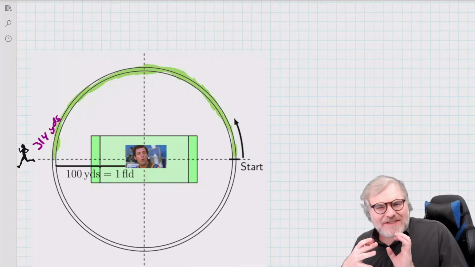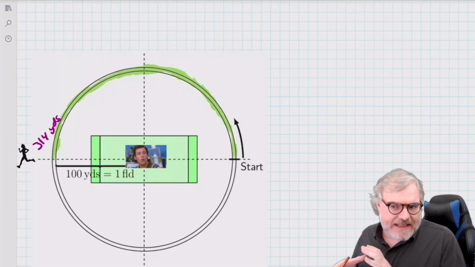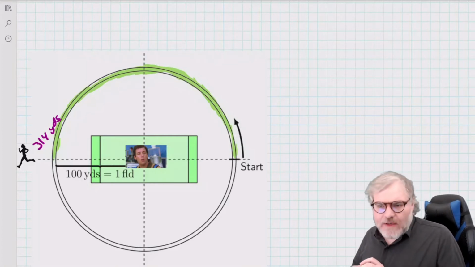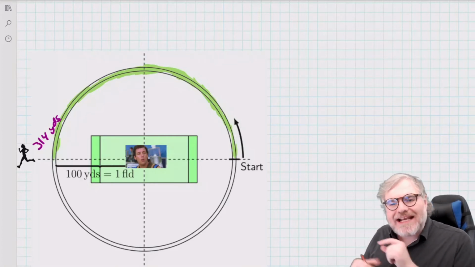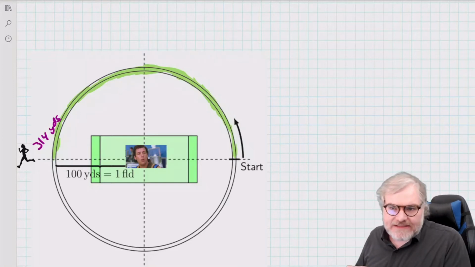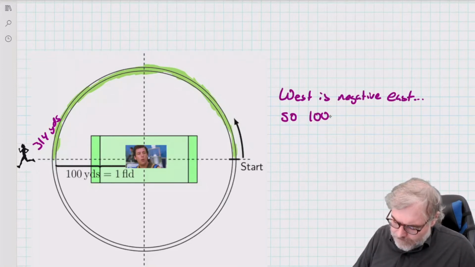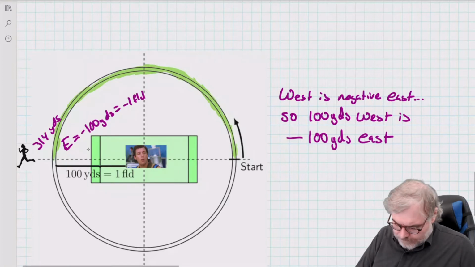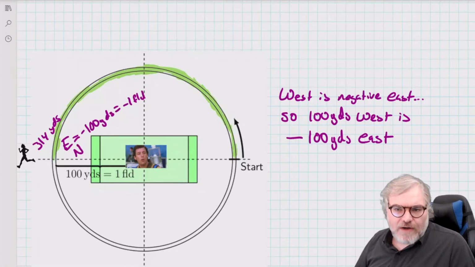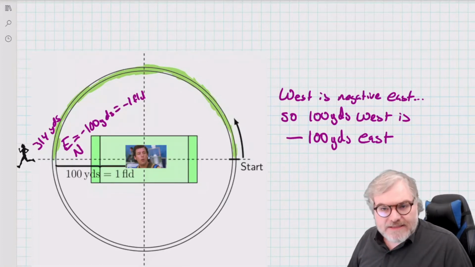But west is really negative eastiness, right? So we're going to say that he's going to run negative 100 yards east. Is negative 100 yards. And my northiness is 0.